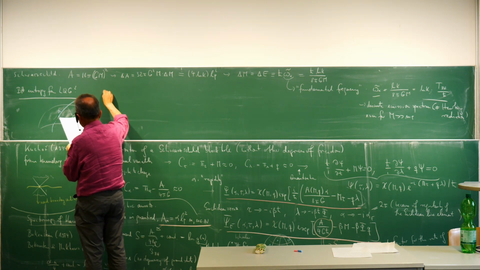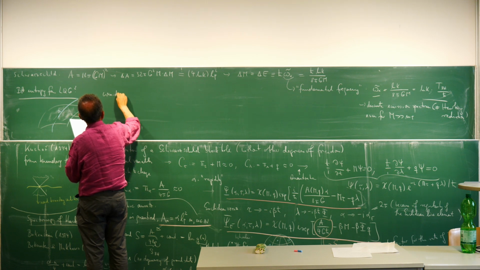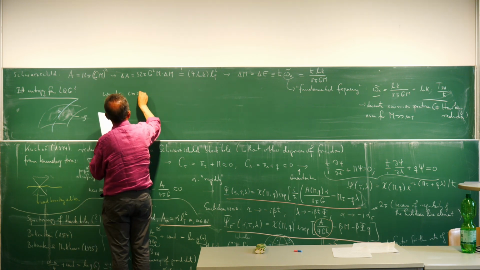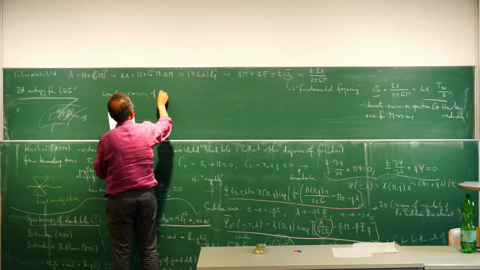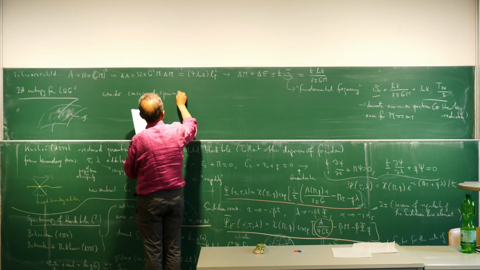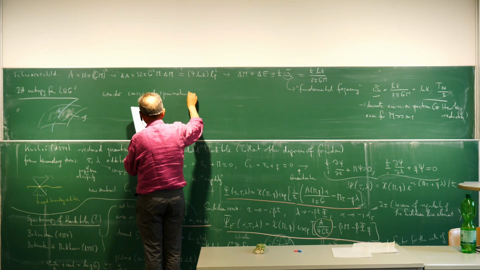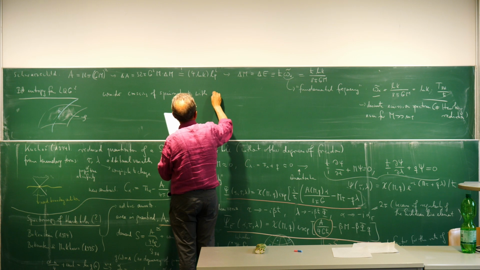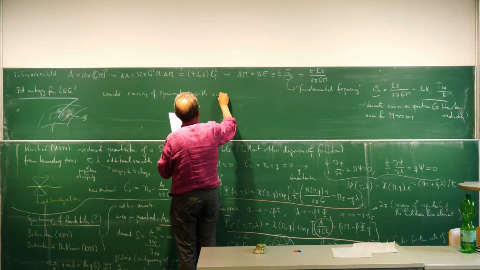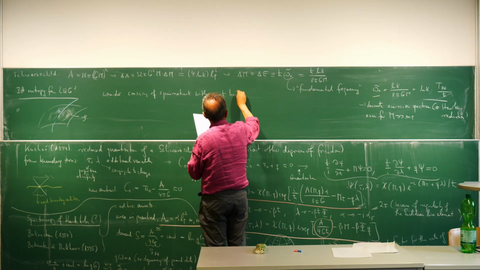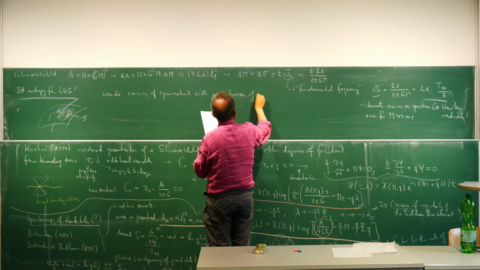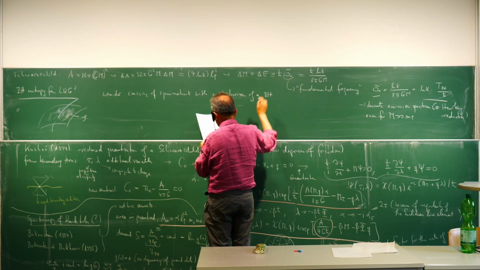So consider the crossing of a spin network with the event horizon of a black hole.